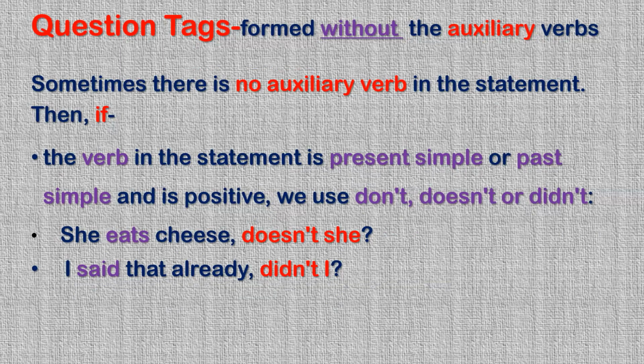That is, negatives. For example, she eats cheese, doesn't she? I said that already, didn't I? So the first sentence is in simple present and the second one is in simple past.